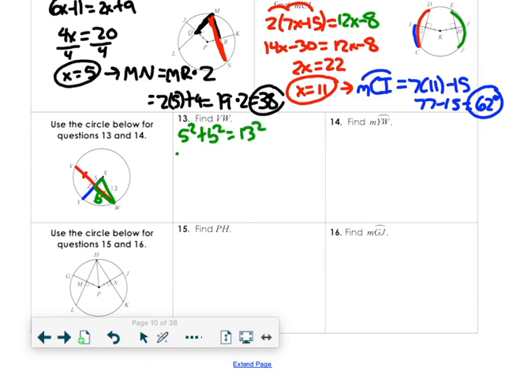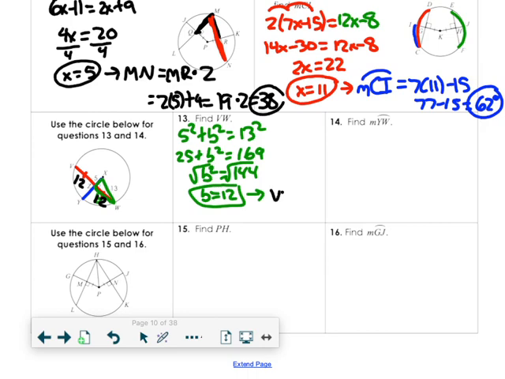That's going to be 25 plus B squared equals 169. Subtract 25 from both sides. B squared equals 144. So B is the square root of that. So B is 12. If B is 12, that means that this piece is now 12, which means this is 12, which means VW is 24.